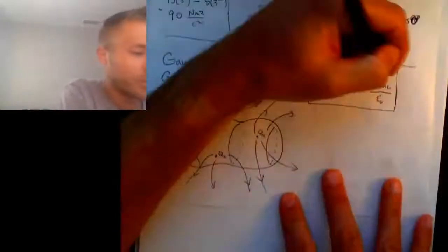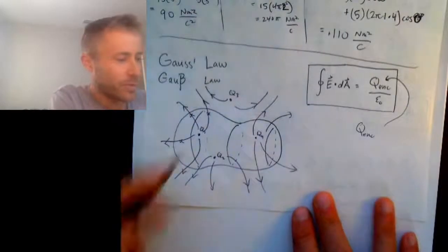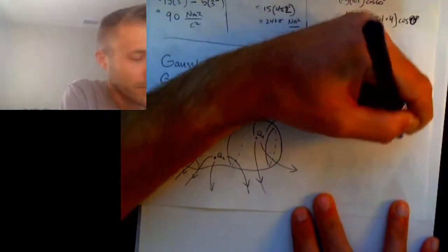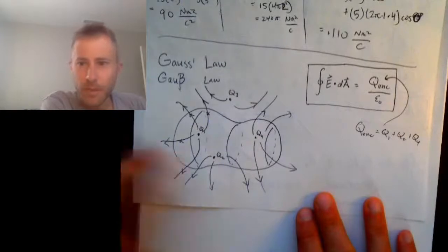So in this particular case, the charge enclosed would be Q1 plus Q2 plus Q4, because Q3 is not inside the surface.